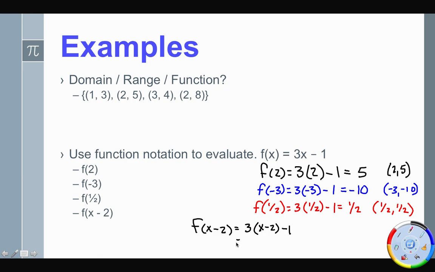And then what you remember from your Algebra 1 is we have to distribute this 3. So this becomes a 3x, and then 3 times negative 2 is minus 6, minus 1. And we get a final answer here of 3x minus 6 minus 1 is a minus 7. So this would be our final answer of 3x minus 7.